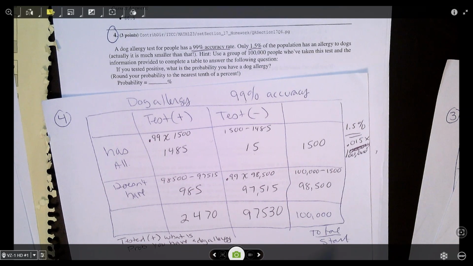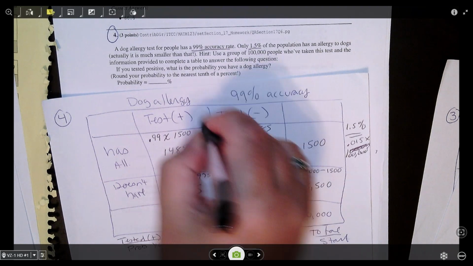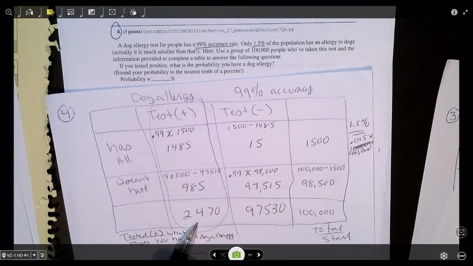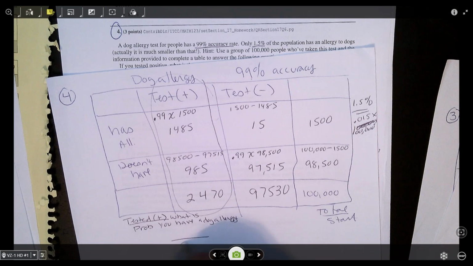And they do. Now the question was, if you test positive, so that's a conditional probability, how many tested positive? You're going to have to be asking yourself these questions on the test. I'm not going to be there to ask them for you. How many total tested positive? 2,470. That's your denominator.